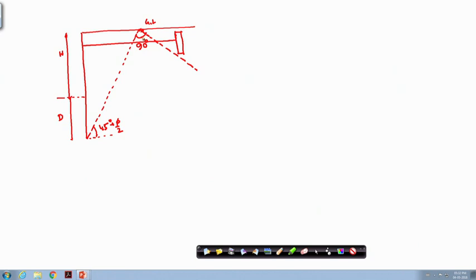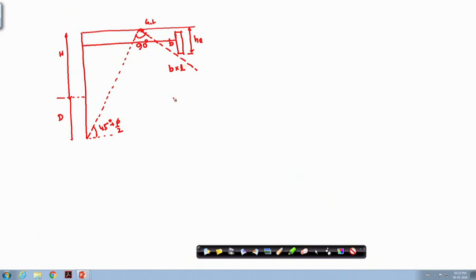So, this is the anchor position in terms of horizontal placement. Now, vertically, H is the depth of the anchor, and B is the width of the anchor. So, this is the anchor, B into L, where L means the lengthwise dimension.